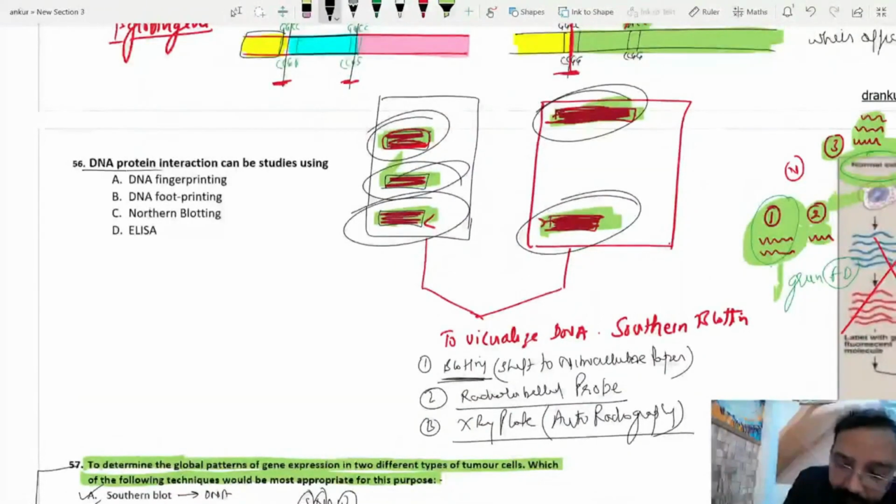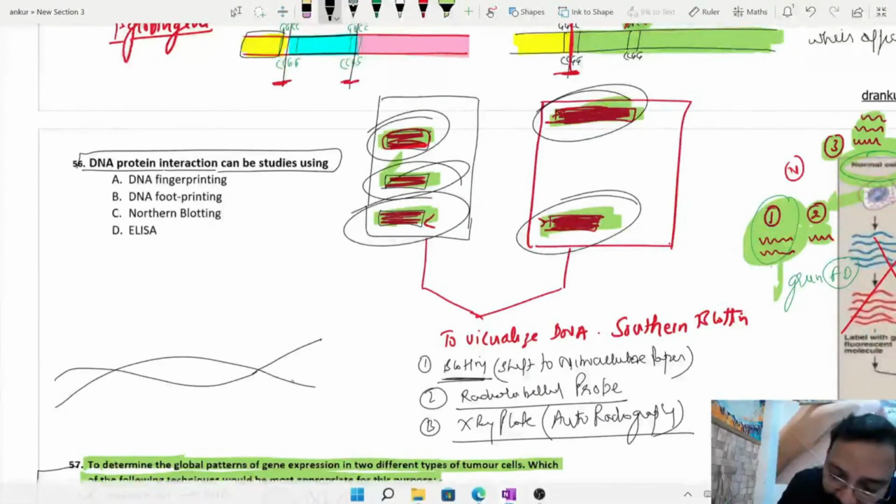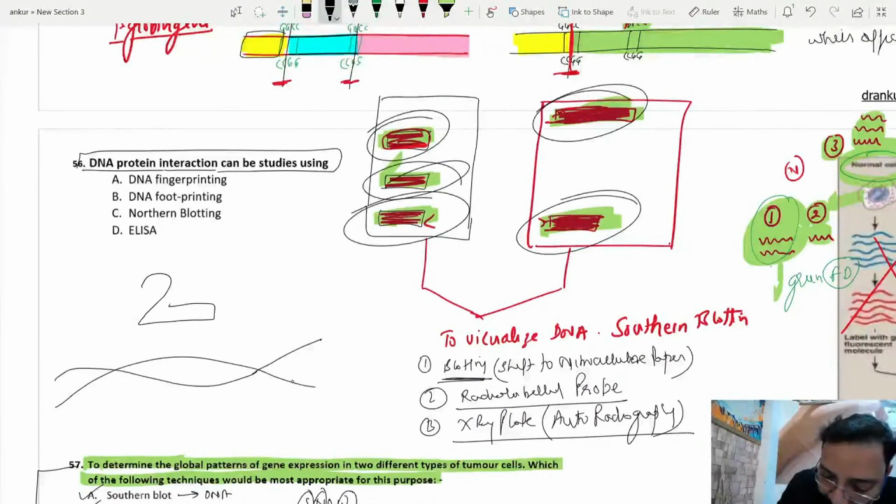Now, DNA protein interaction can be studied by, you all know, this is suppose DNA, this is a protein, this is a steroid hormone receptor.